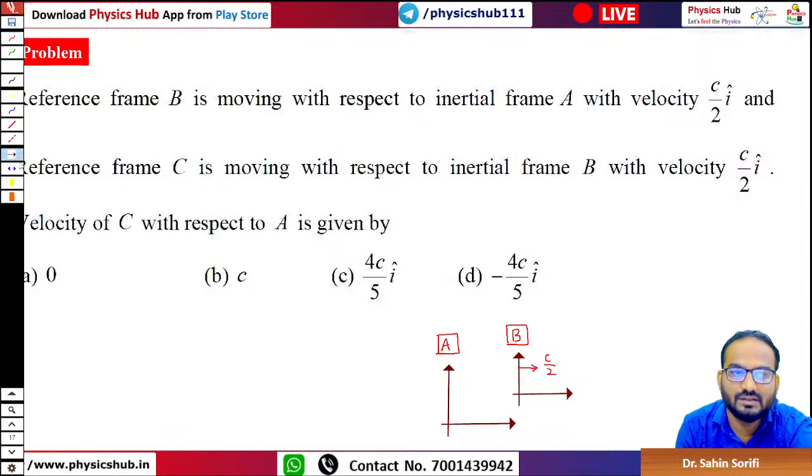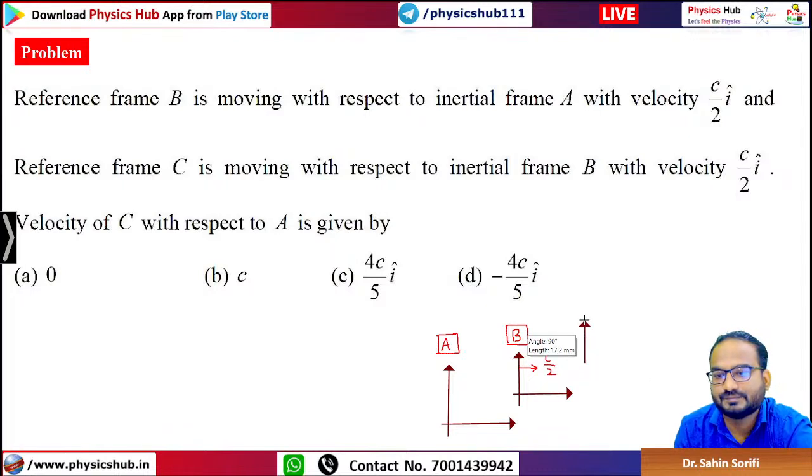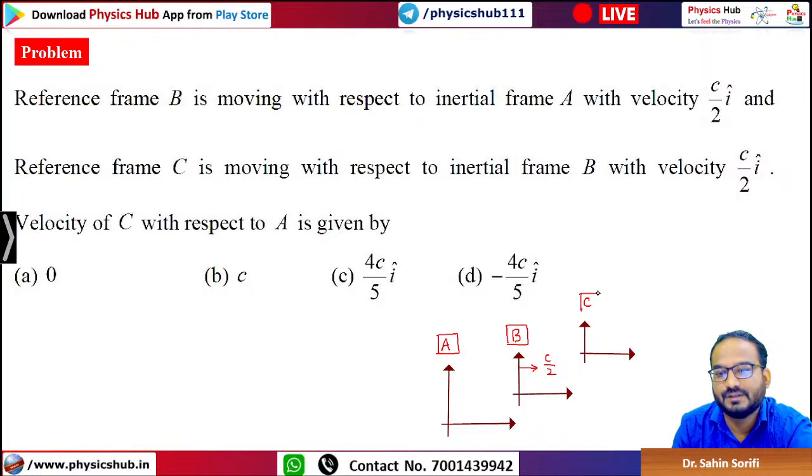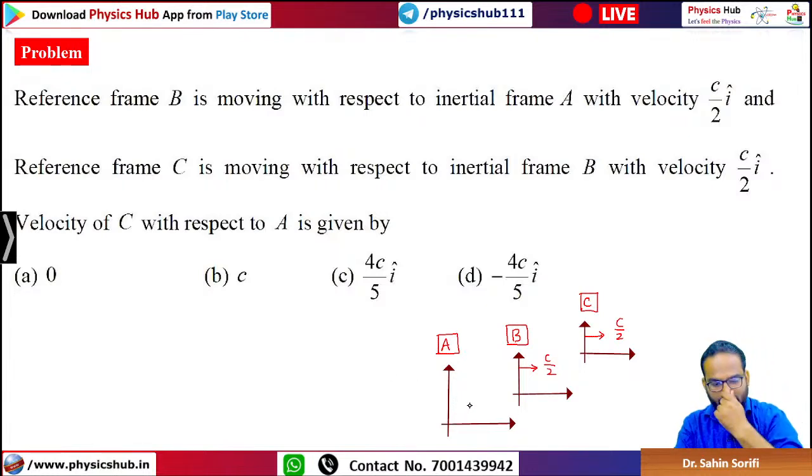So another reference frame is there, and this is C. C is moving with velocity c by 2 i cap. Velocity of C with respect to A. Do you understand this problem?